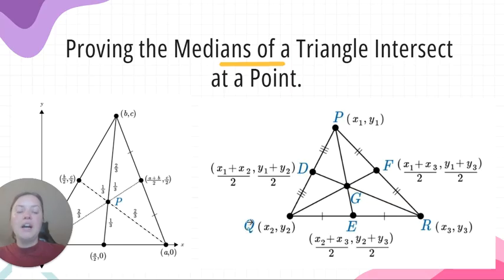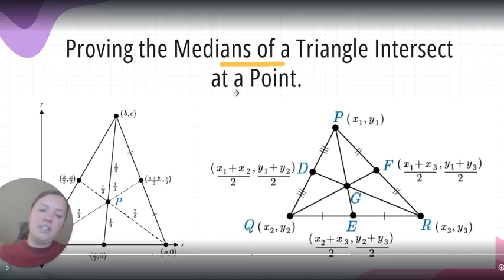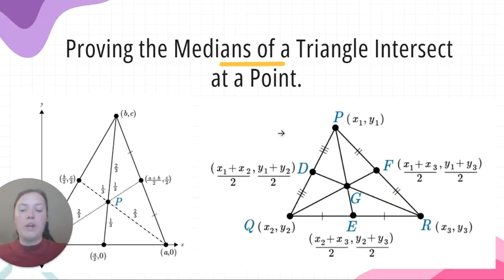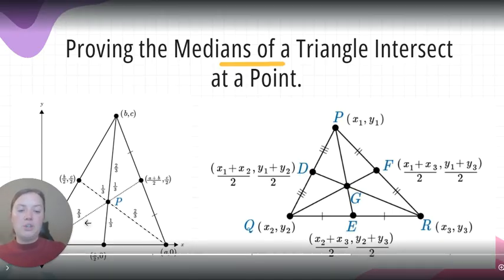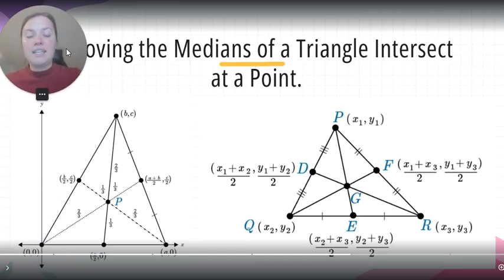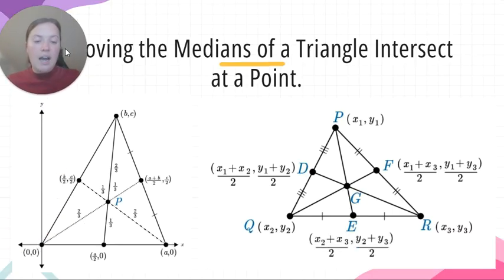Now, how do we prove that medians of triangles intersect at a single point? Your text goes into this very in-depth, but ultimately what we do is we look at the weighted average amongst all of these points. So like I said, it splits it kind of into thirds.